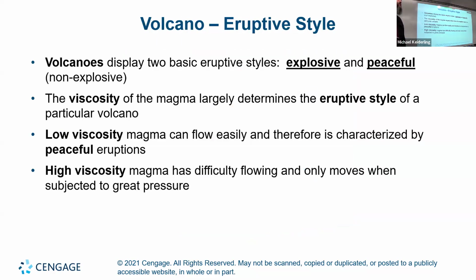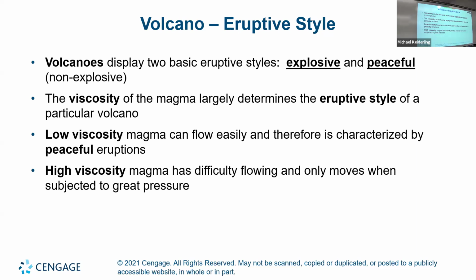So there's two basic styles of eruptions. You can have a peaceful eruption where a volcano sort of steadily releases lava. These tend to be volcanoes that erupt for a longer period of time. They have thinner, less viscous lava, which is more basaltic. And you can also have an explosive eruption.